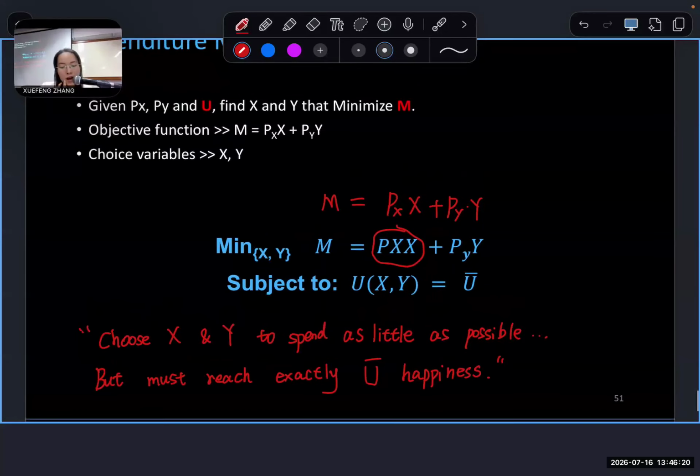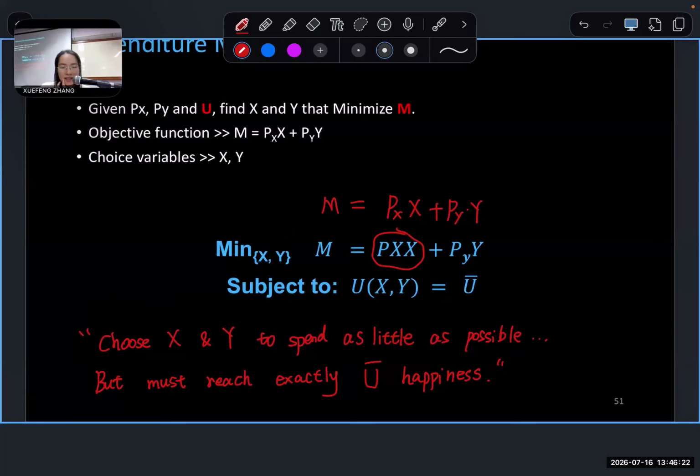This is about expenditure minimization. The example is that you want to feel exactly as happy as eating at your favorite restaurant, so you need to find the cheapest combination of food to reach that happiness level. Be careful here. The utility is constant.